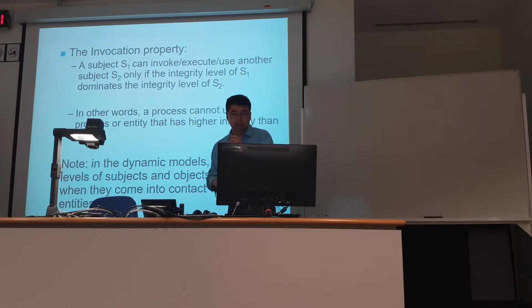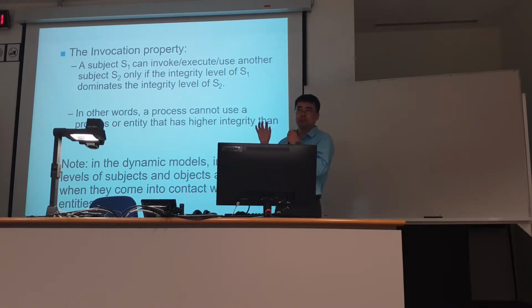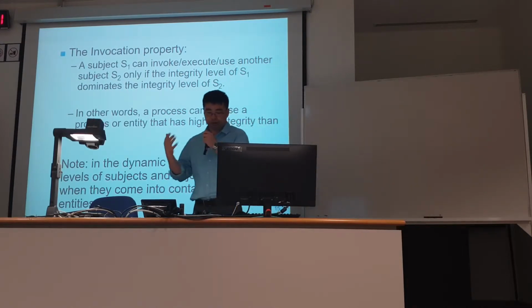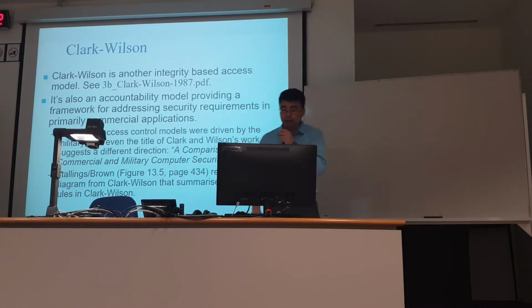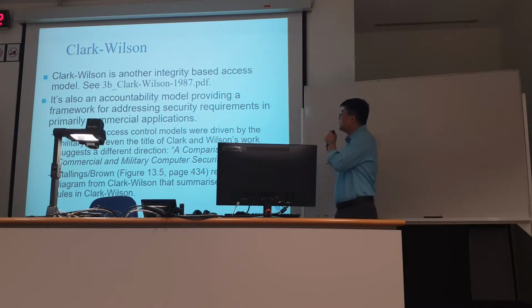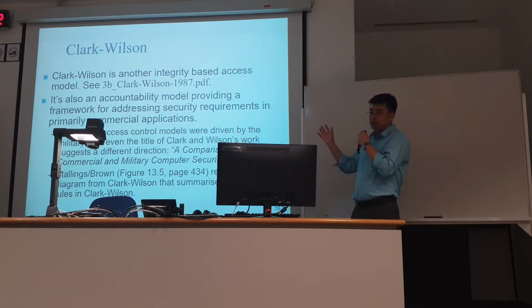For the dynamic case, the levels can change. If there is some action performed, then the levels can change. If you want to read more, you can go to the first reference book by Bishop. In that book, there is some content about the dynamic model for integrity. So that's the first integrity model we want to look at.